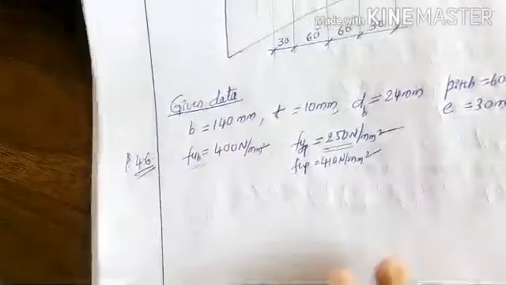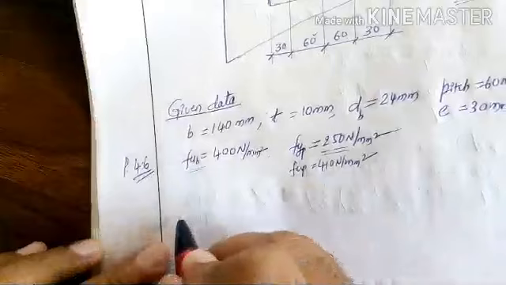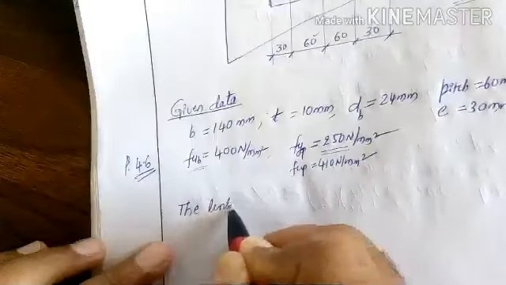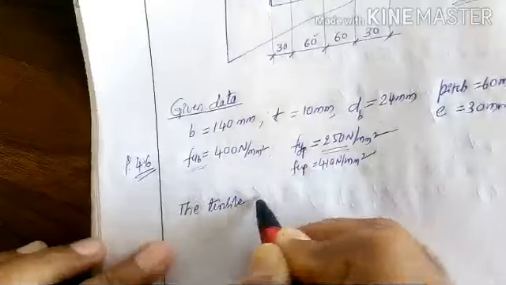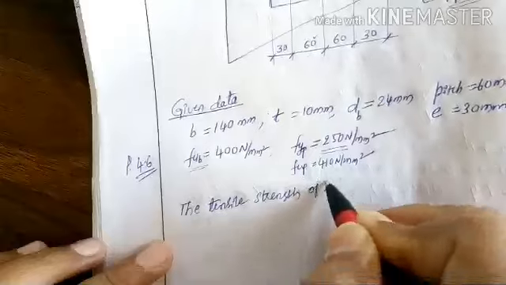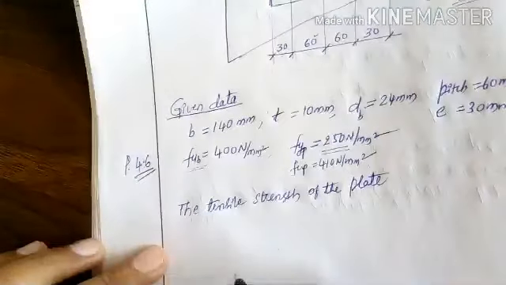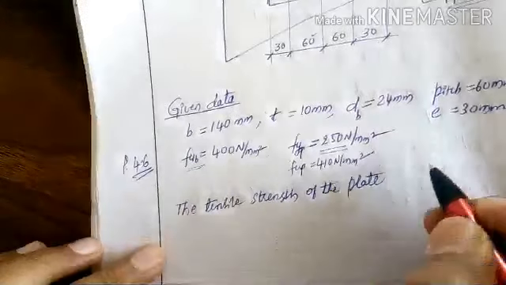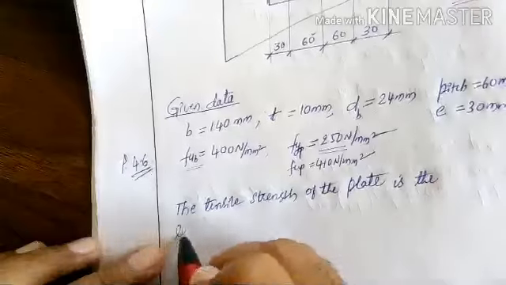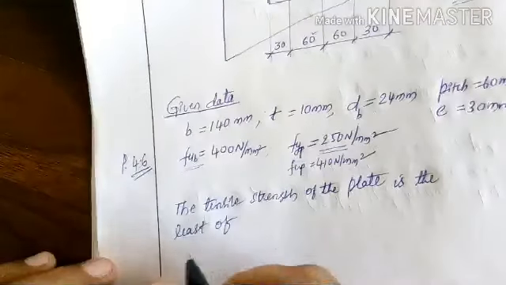Then the tensile strength of the plate is the least of three values.